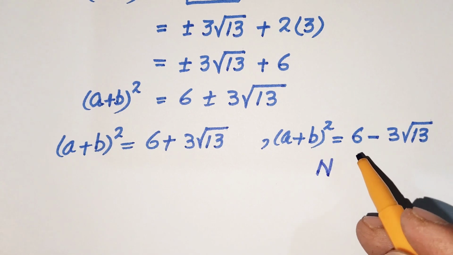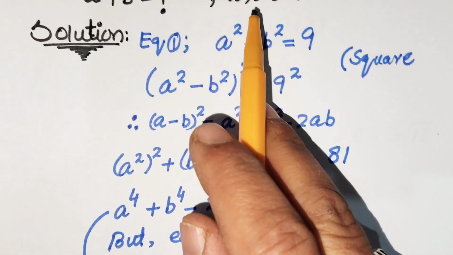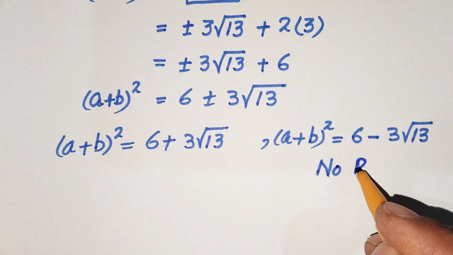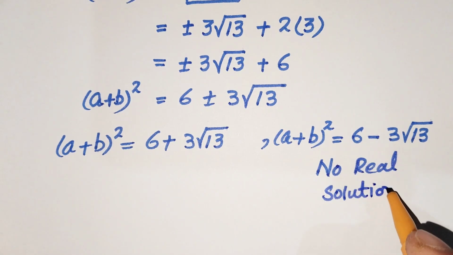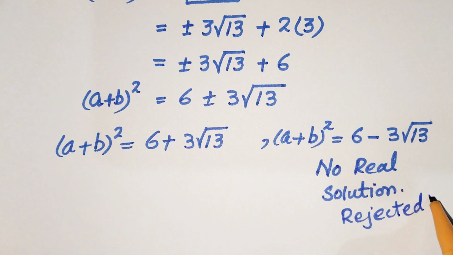And from this question we know that a and b here are actually real numbers. So from this we get no real solution, therefore we are going to reject this condition. So rejected this value of a plus b whole squared.